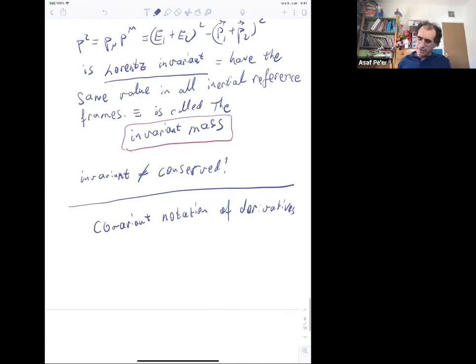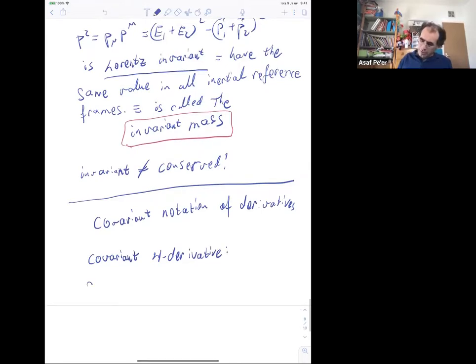So the definition of a covariant derivative is d mu. This is the way I write it, d with mu as a subscript.